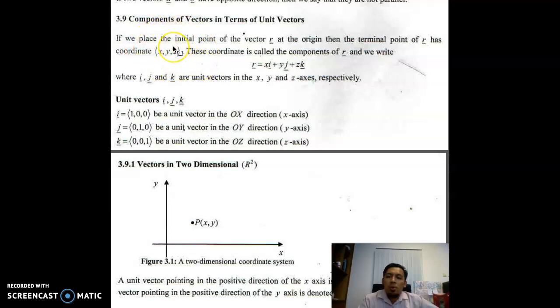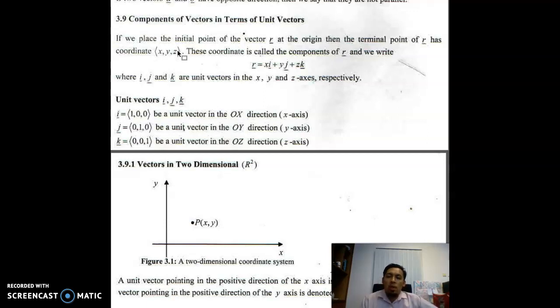In writing the vectors, it should be written down in this pointy kind of bracket, where you have x, y, and z for three-dimensional vectors.